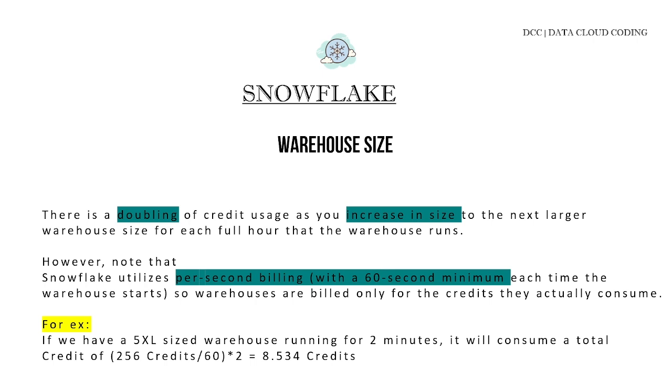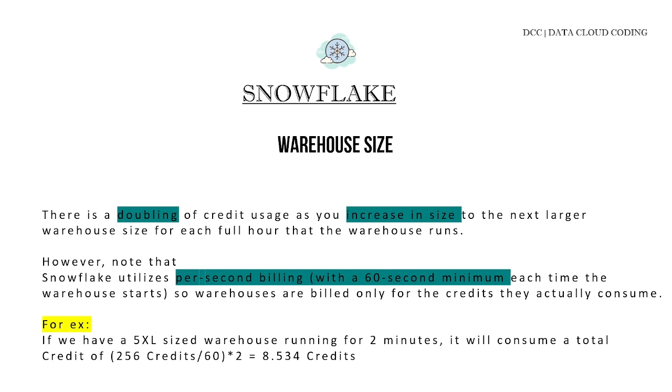In that scenario, I will be billed for a total duration of 60 seconds, because the minimum duration required to be billed for a running warehouse is 60 seconds, that is 1 minute. But let's suppose my warehouse runs for 90 seconds. In that case, I will only be billed for 90 seconds and it will not be for the entire 2 minutes.